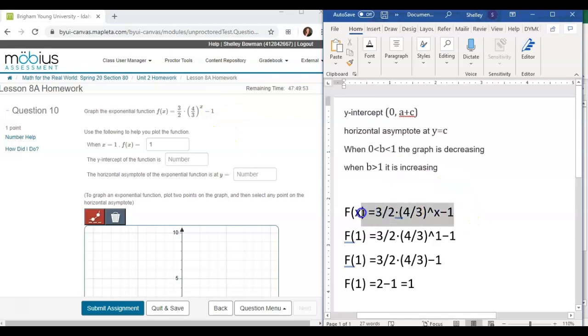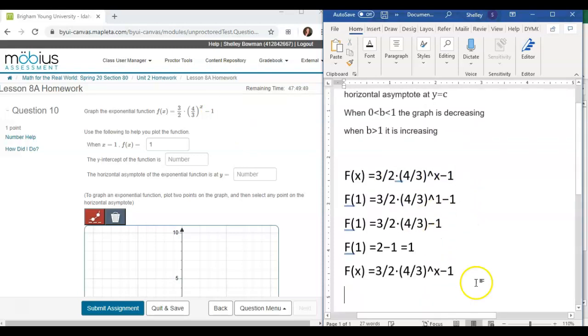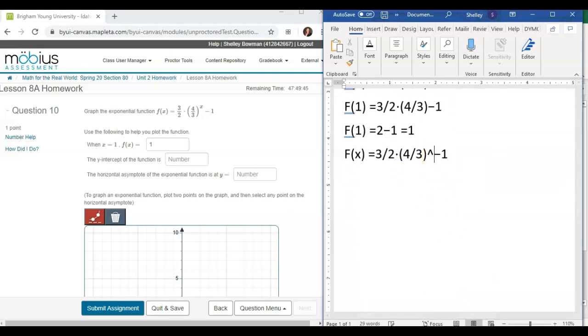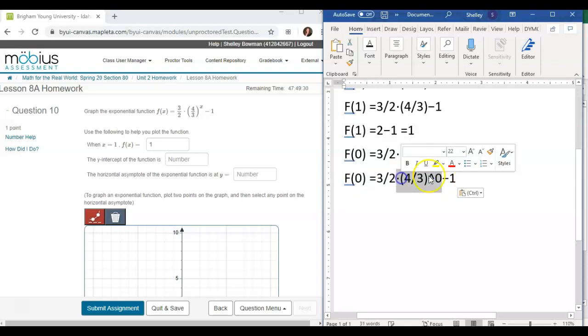I'm going to copy and paste this so that we can see this in action here. My x is a 0. Anything raised to the 0 power becomes 1. And I should put 0 here. That's what we're evaluating at. Copy, paste. This is just a 1, and 1 times 3/2 is just 3/2.